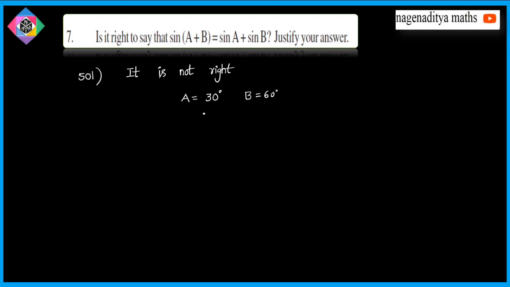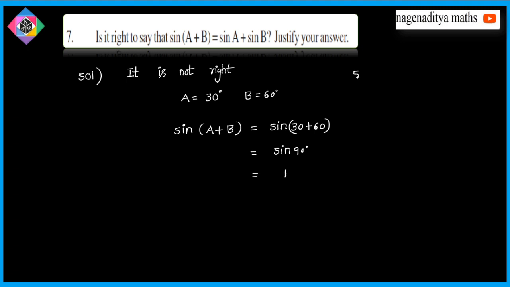Now sin of A plus B is equal to sin of 30 plus 60, which is sin 90 degrees. What is the value of sin 90 degrees? Sin 90 degrees is equal to 1. So this value is equal to 1.